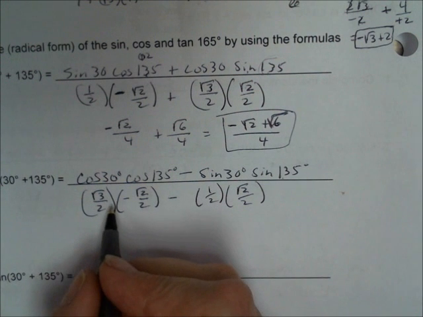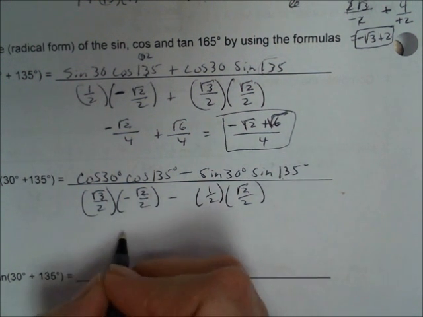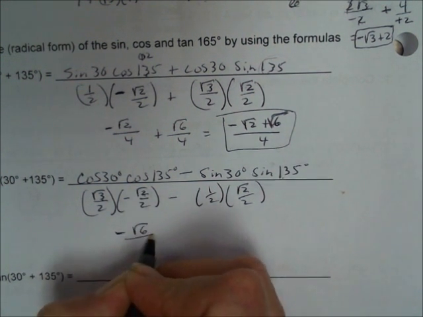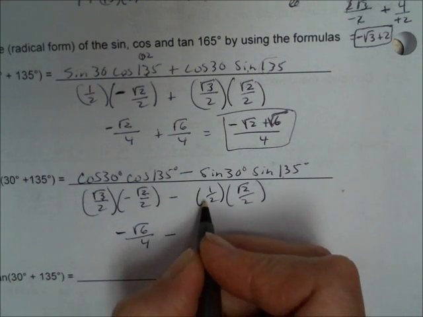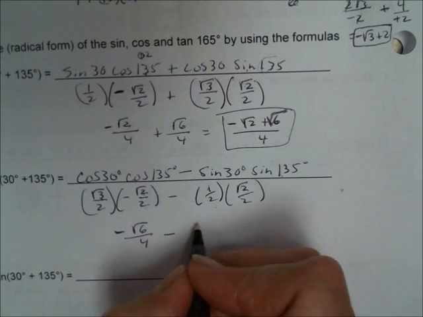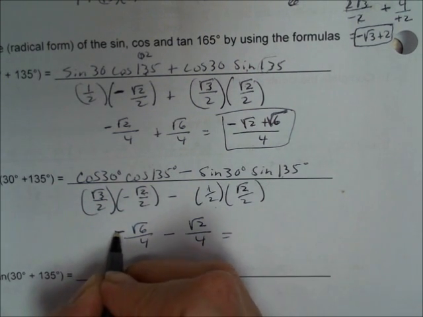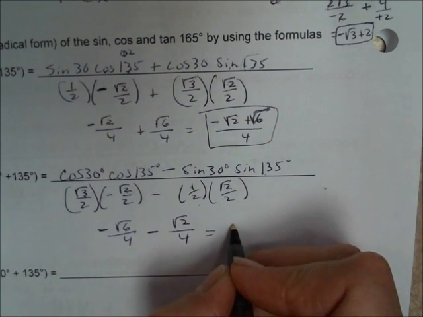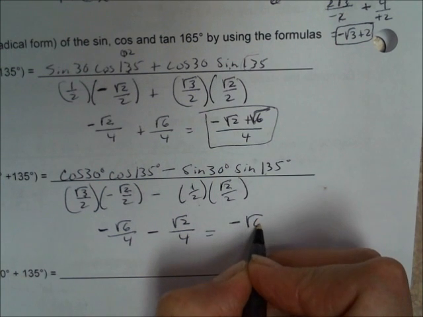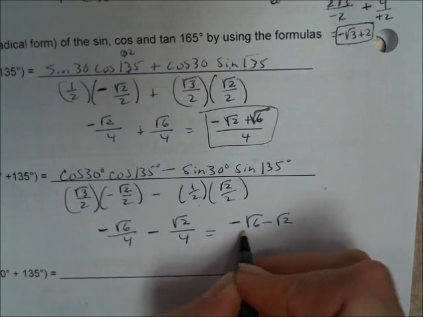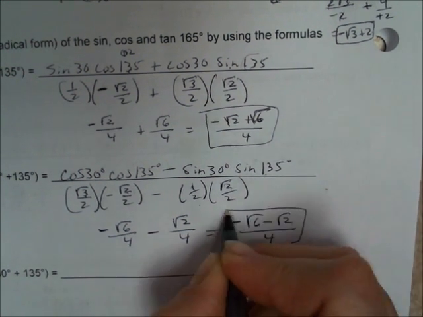So we'll put these together. Square root of 3 times negative square root of 2 is negative square root of 6 over 4, minus 1/2 times the square root of 2 over 2 is the square root of 2 over 4. And when you put those together, both of those are negative, so negative square root of 6 minus square root of 2 all over 4 is our final answer.